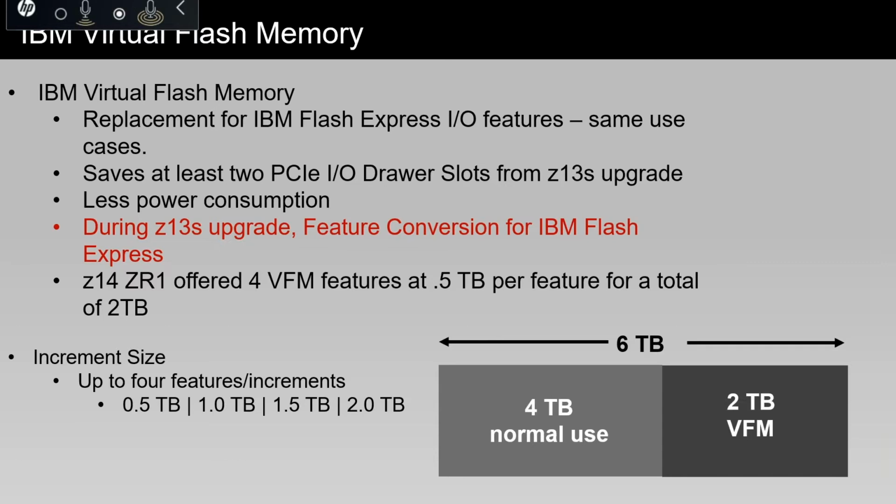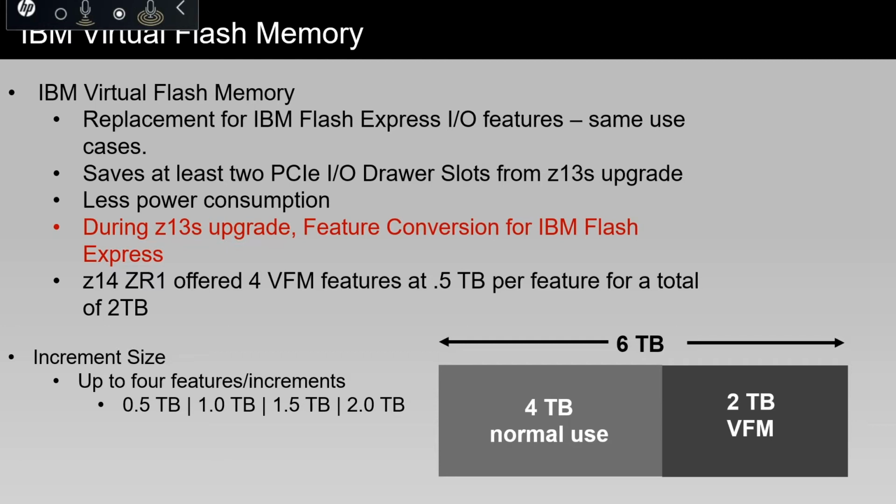Brian also talked about flash memory, and the main thing with flash memory was it does replace the Flash Express I/O feature. You can go up to 2 terabytes. They are priced features. Each feature is a half a terabyte.